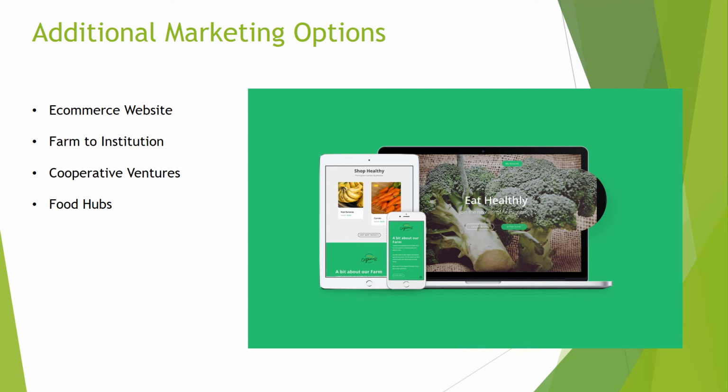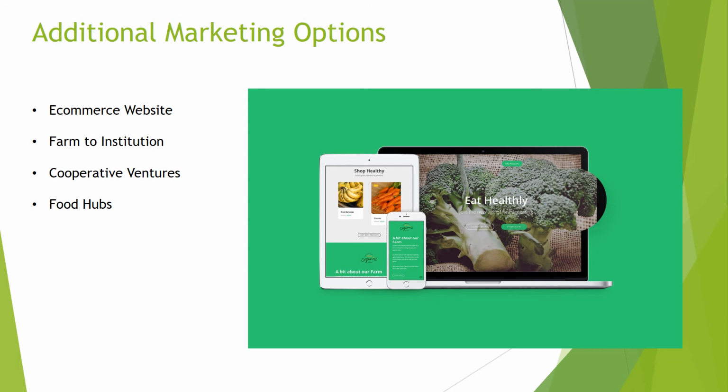There's a co-op located on the windward side of Oahu that works cooperatively to share a farmers market booth at the Kailua Farmers Market, as one option for them to not only save on cost but also save on time, where each individual farm doesn't have to man the market, but they can share that labor amongst each other.